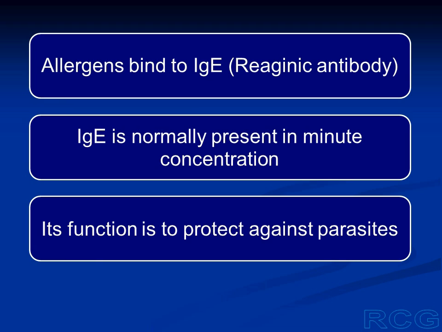IgE is the class of immunoglobulins to which the allergens are bound. IgE is a minor immunoglobulin. Normally it is present in very minute concentration and its normal function is anti-parasitic. It is supposed to protect us against parasites.